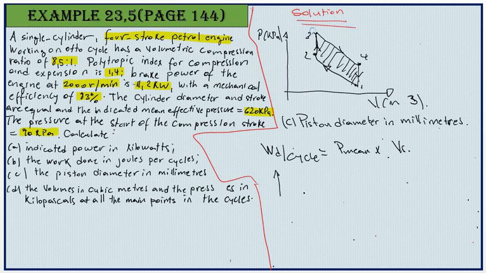Because if we have a PV diagram, we have the area inside the rectangle, which represents the work done, and this length represents the swept volume, and the vertical length represents the mean effective pressure, symbolized by P mean. So if we multiply the two sides of a rectangle, we get the area. So that area is the work done.